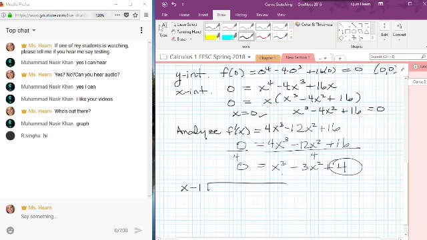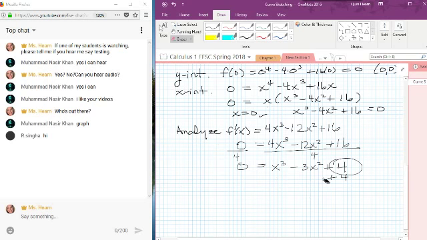How about negative 1? If x minus 1 were a factor, then plugging 1 in would give 0, right? But I'm noticing that if I plug 1 in, I get something other than 0. So it must not be x minus 1. Let's try x plus 1.